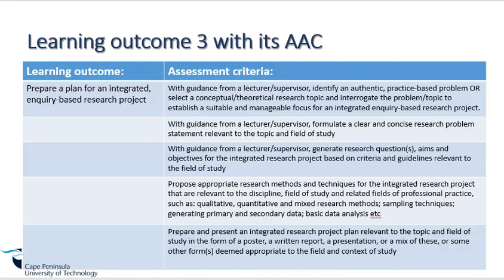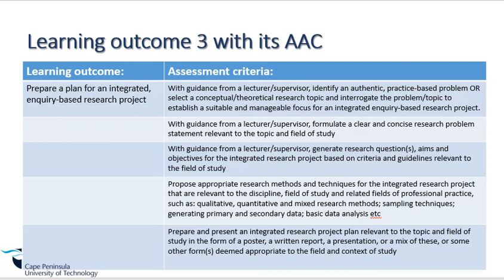Now, so all the learning outcomes are there. Go and have a look at them with their associated assessment criteria. But let's look at what we would at master's level call the proposal. Now, we're not calling it a proposal at level 8. We're calling it a plan. So the learning outcome for this would be prepare a plan for an integrated inquiry-based research project. You would now need to just rewrite this slightly to contextualize it for your program.